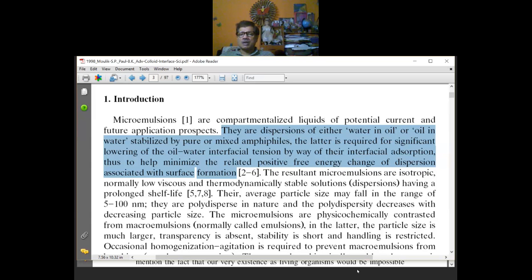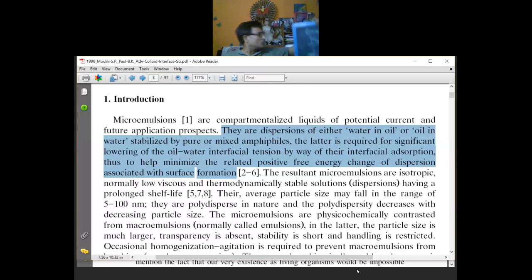So now, microemulsions are the dispersions of either oil in water or water in oil stabilized by pure or mixed amphiphile. The latter is required. What is the latter? The latter is the mixed amphiphile. They are required for significant lowering of the oil-water interfacial tension.